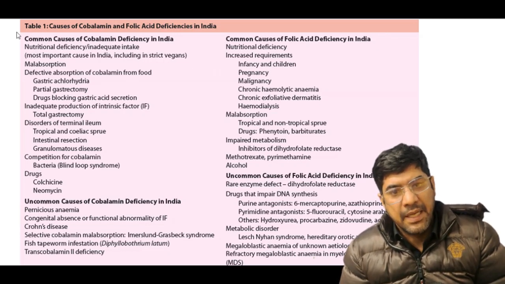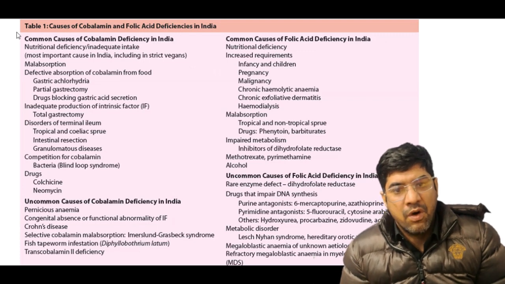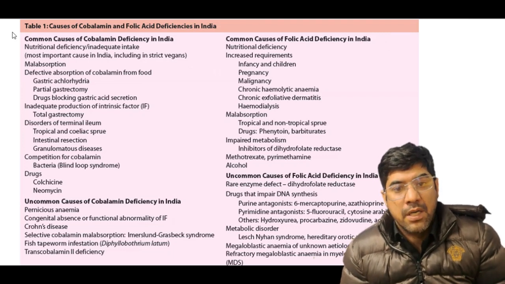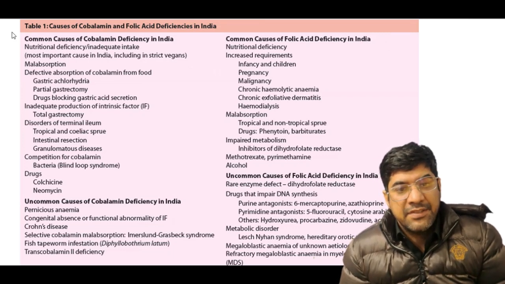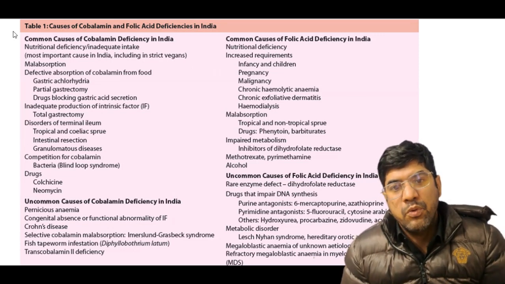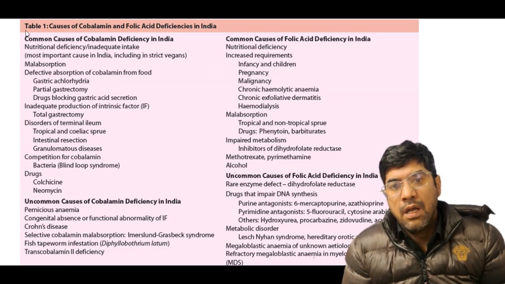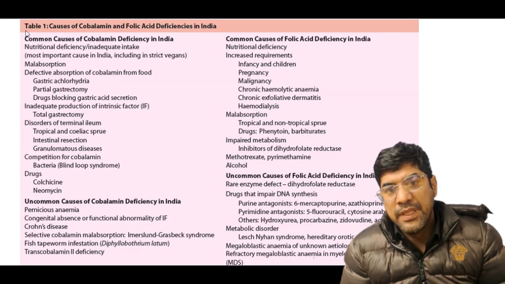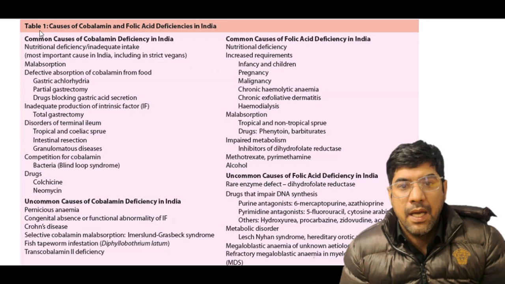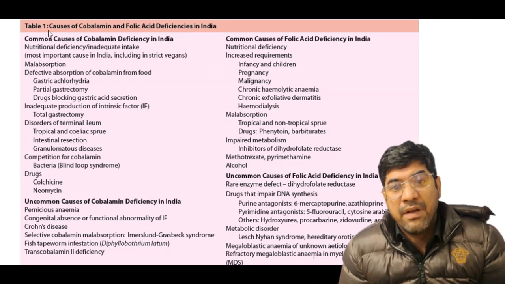Conditions that impact its production or function include surgical removal of the entire stomach, which eliminates the production of intrinsic factor. Diseases like tropical sprue and celiac sprue can affect the absorption of vitamin B12, as the ileum is crucial for B12 absorption.